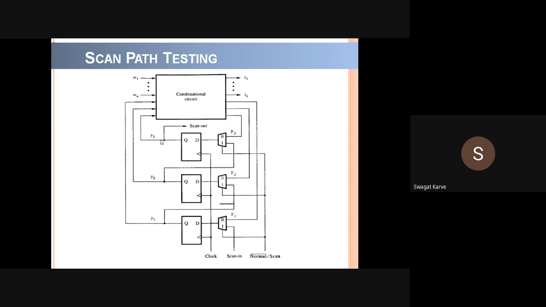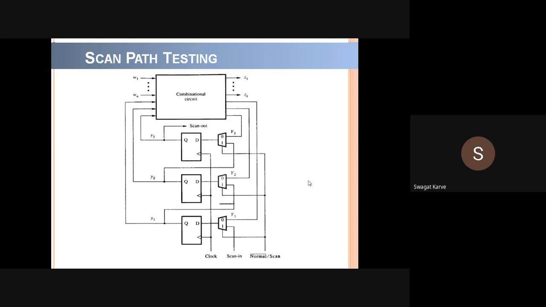Then the fourth step: again enable the scan pin and scan out the data. So these are the 4 steps that we use for scan path testing.